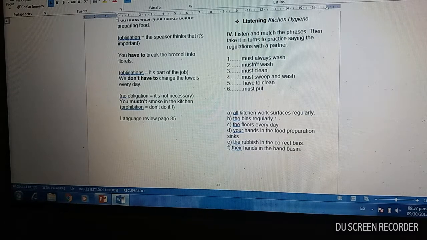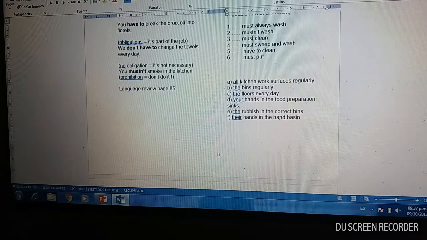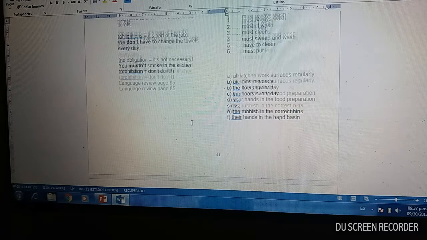You'll have to go to page 81. You will find this transcript, this dialogue, kitchen hygiene, and you have to listen and match the phrases, okay? You have must always wash, mustn't wash, must clean, must sweep and wash, have to clean, and must put. You have to match these 6 phrases with these 6 options that you have under them.